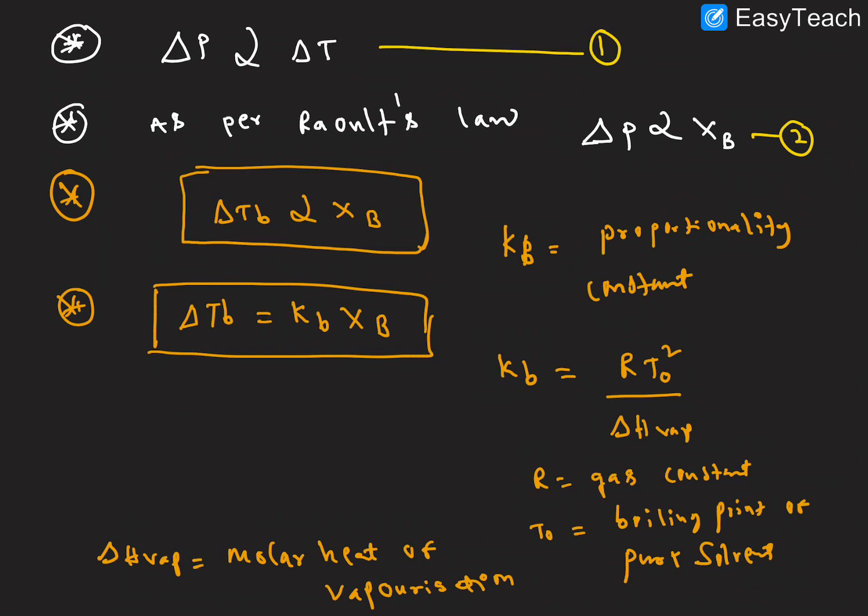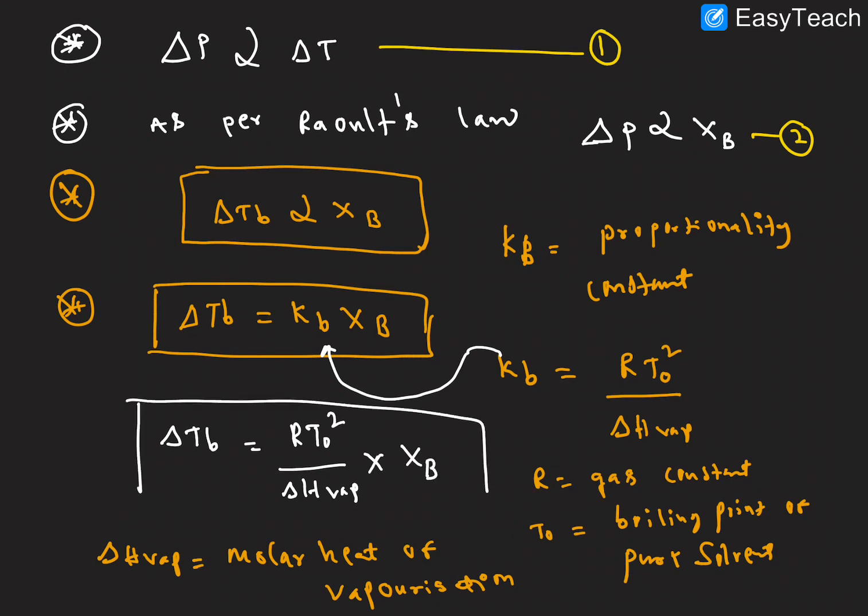Instead of KB we can write this formula. What is the resultant formula here? Delta TB equals R T naught square by delta H vaporization into XB. I hope this formula is clear.